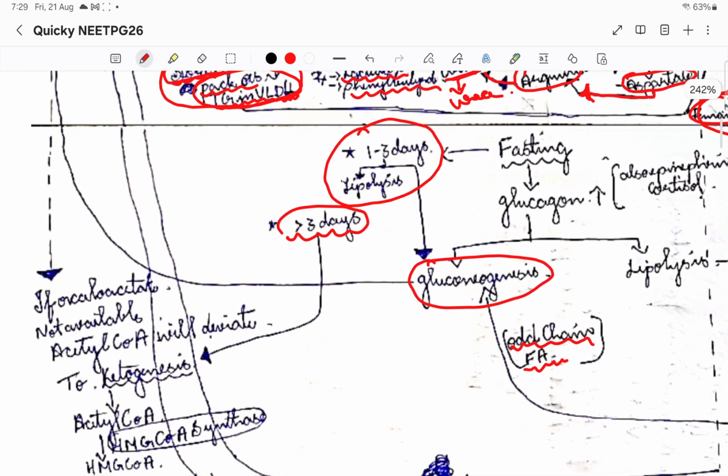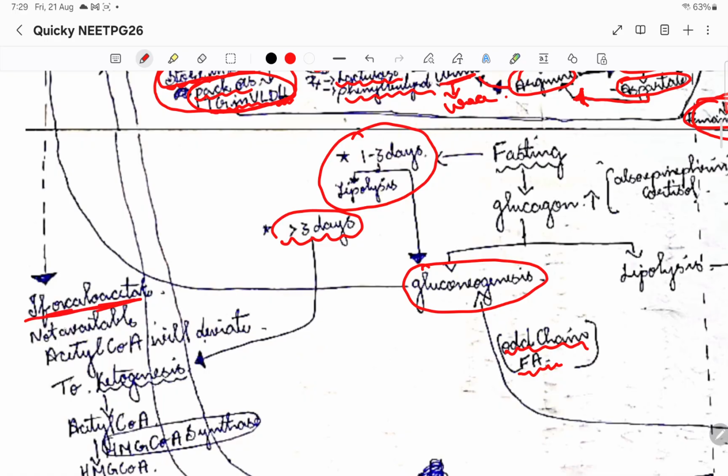So if oxaloacetate is not available, the acetyl CoA formation is still there, because there is too much fat I have stored from all these years of eating. Acetyl CoA formation is there from the fatty acyl CoA we just discussed, right? Acetyl CoA requires oxaloacetate to go into the TCA cycle, but there is no oxaloacetate because there is no glucose at all. What will it undergo?